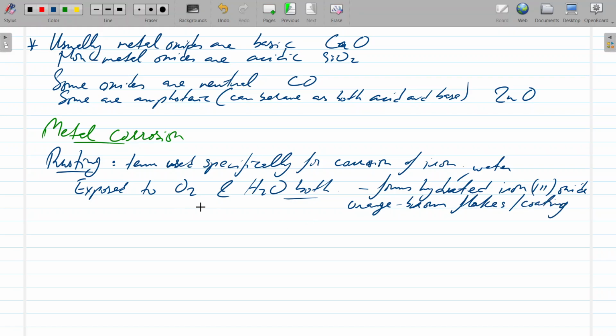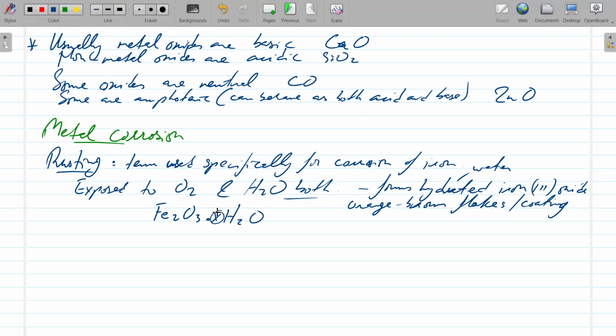On iron? Right, so what this is is Fe2O3·H2O. Right, what does that dot mean? That means that water is present. It's not a solution. Water is present as part of the compound. In fact, it's not just H2O, it is x H2O.